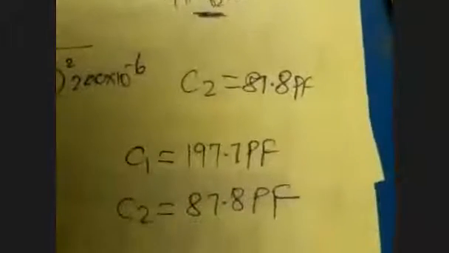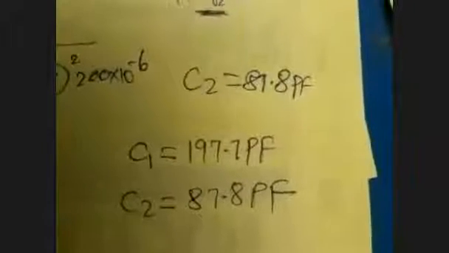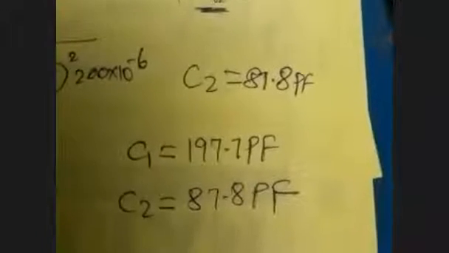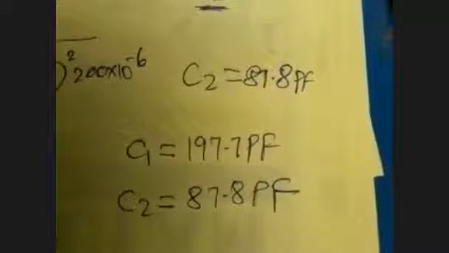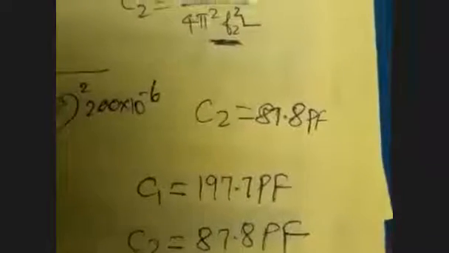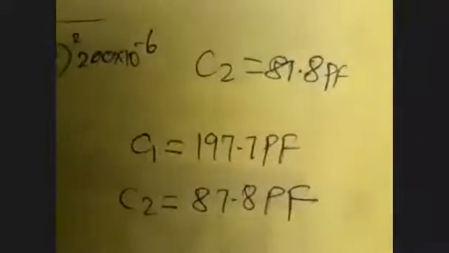Anybody, tell me what you understand from the answer. What do you understand from the answer? Nothing? A student replies: Sir, when the frequency is lower the capacitance value is higher, because frequency and capacitance are inversely proportional.